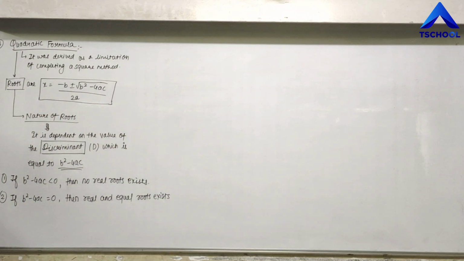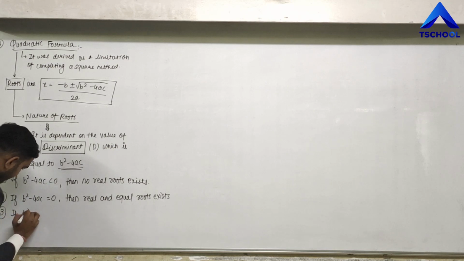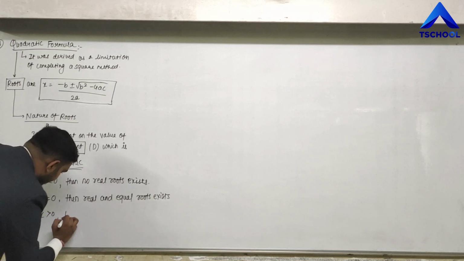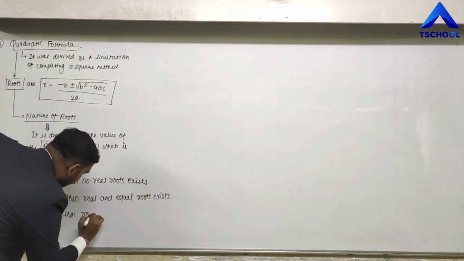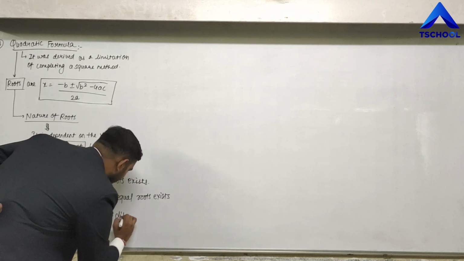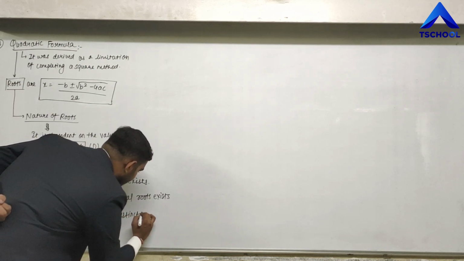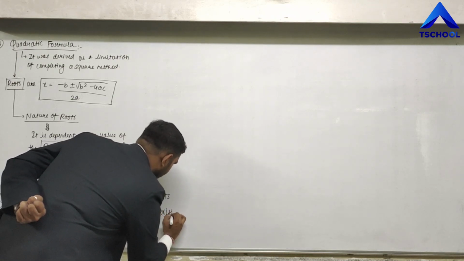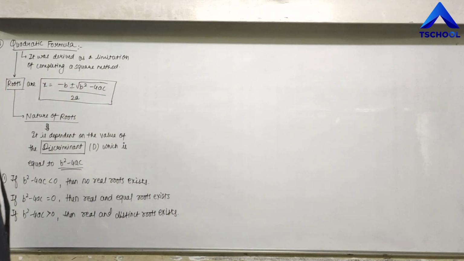If it is equal to 0, then real and equal roots exist, and if b square minus 4ac is greater than 0, then real and distinct roots exist, right?